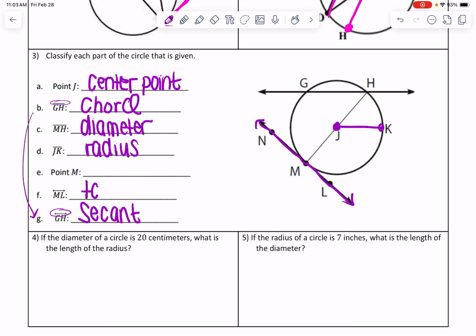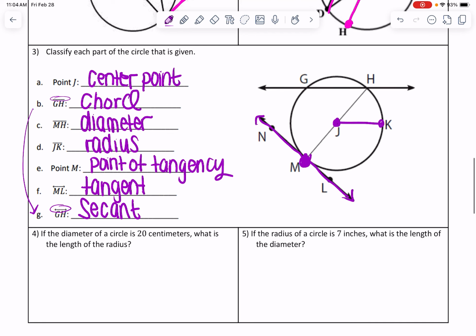That's going to be your tangent. And if I'm looking at point N, that's where it touches. That's going to be your point of tangency. We will have more time to go through this tomorrow, but that's the idea.